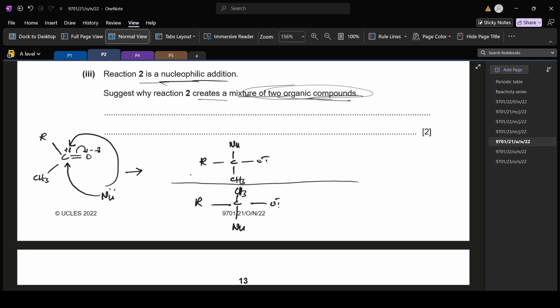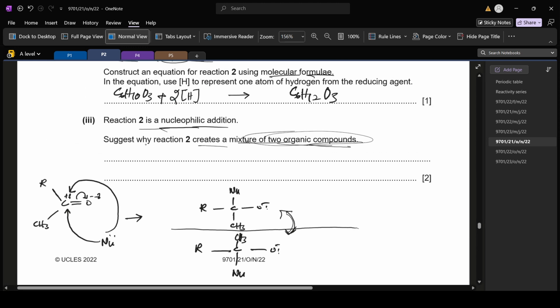Can you see that these are mirror images of each other? They are optical isomers of each other. So because N is planar, the nucleophile can attack from either side, so it will form a mixture of two organic compounds.